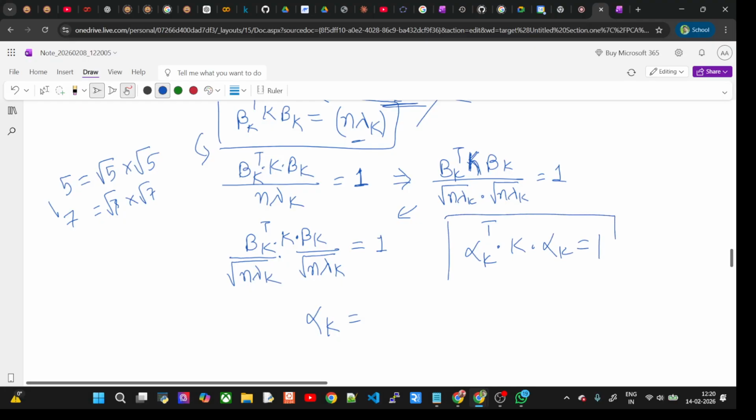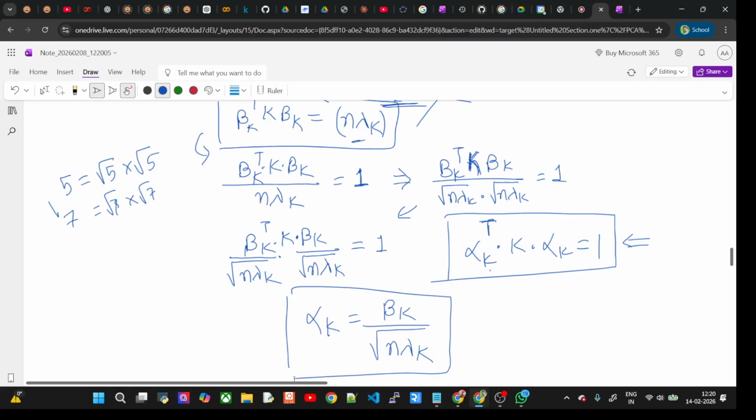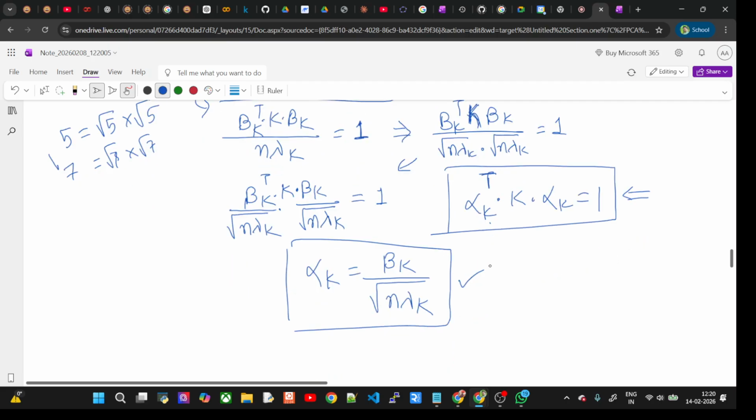This is what we know, okay. From this equation we found that alpha k is nothing but beta k divided by the square root of n lambda k, that's all, okay.